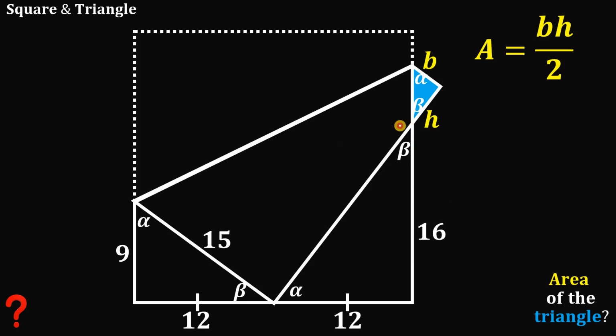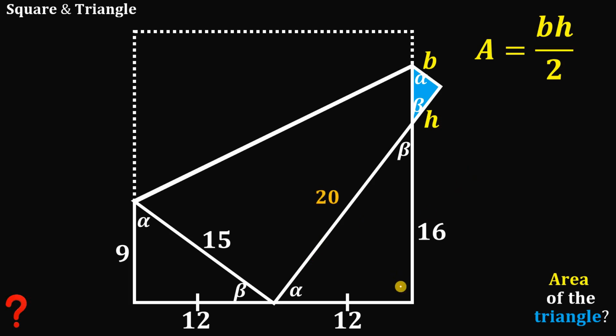Now, this is very important to find the hypotenuse of this right triangle. And to find the measure of this hypotenuse, we will use the Pythagorean theorem. So this is just the square root of 16 squared plus 12 squared. 16 squared is 256, and 12 squared is 144. 256 plus 144 will give us 400. The square root of 400 is just 20.